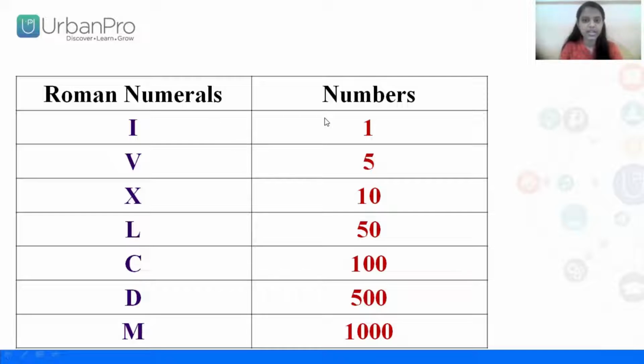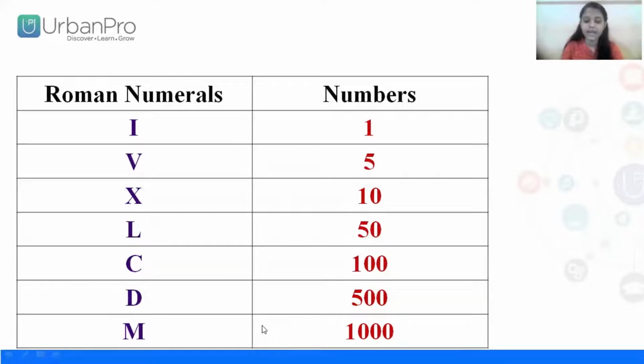I means 1, V means 5, X 10, L 50, C 100, D 500, and M 1000. These are the common Roman numerals we will use, so you can take a note of this.